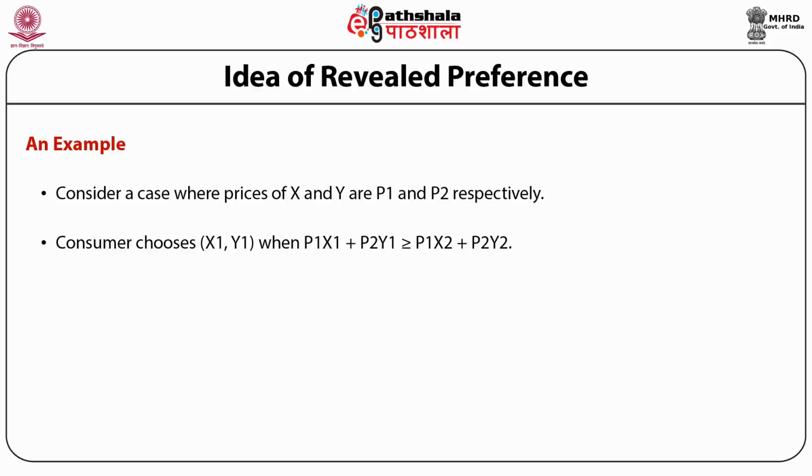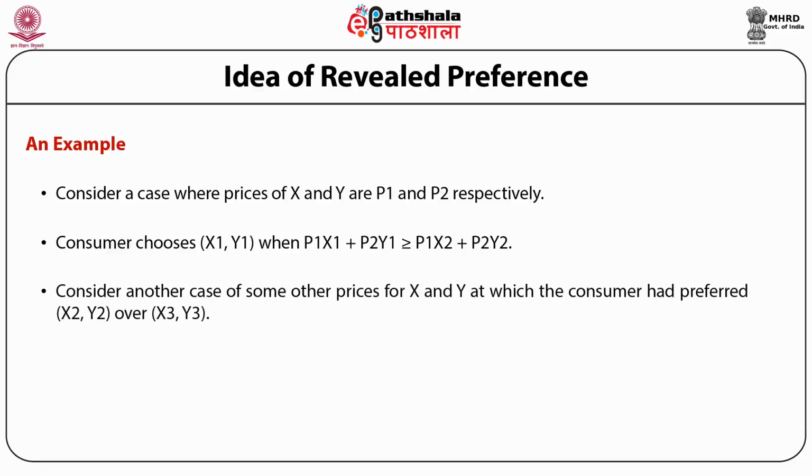X2 Y2. Here, the consumer is choosing the most preferred affordable bundle, and we say the X1 Y1 bundle is directly, and I repeat the word directly, revealed preferred to the X2 Y2 bundle, which further means that the consumer ranks this bundle X1 Y1 ahead of the bundle X2 Y2.